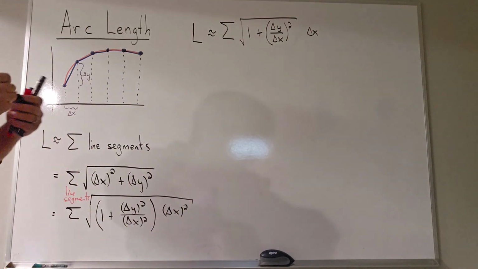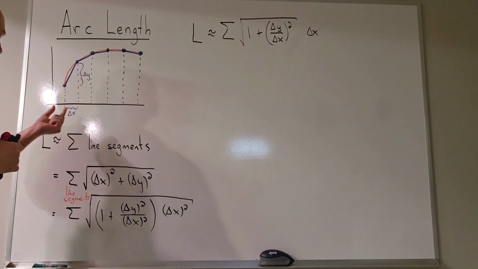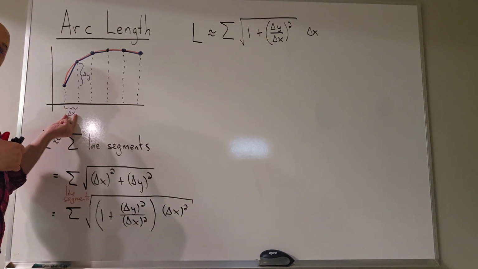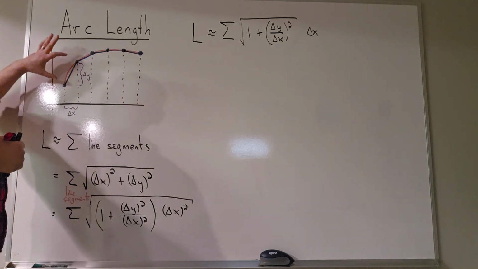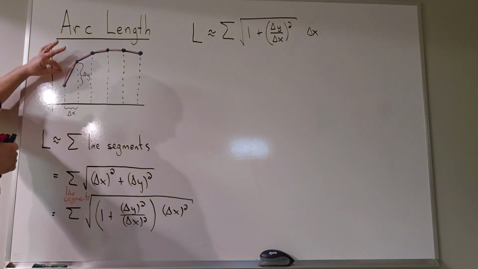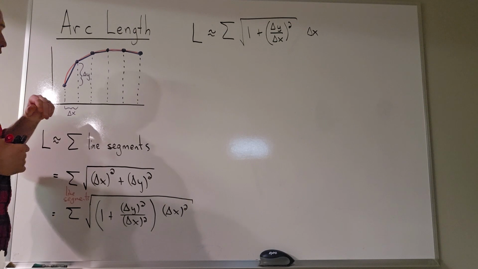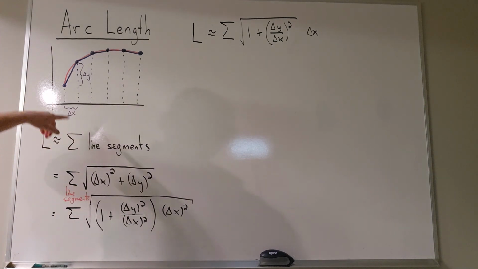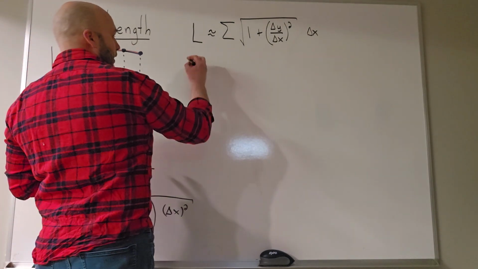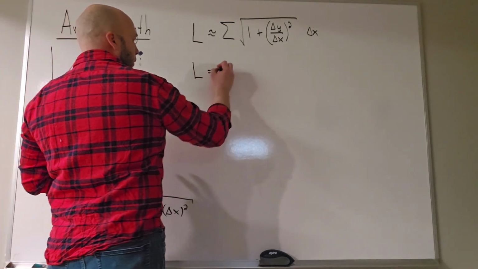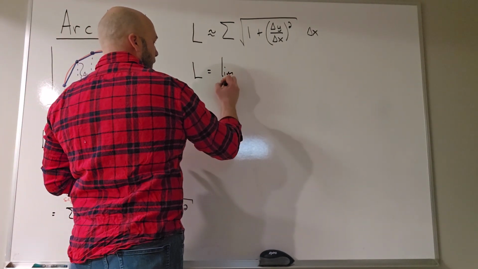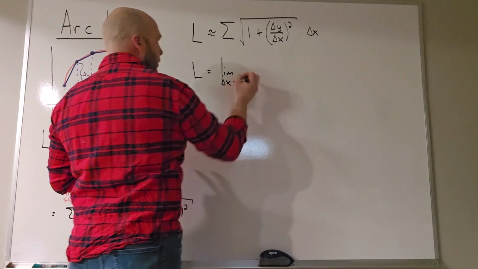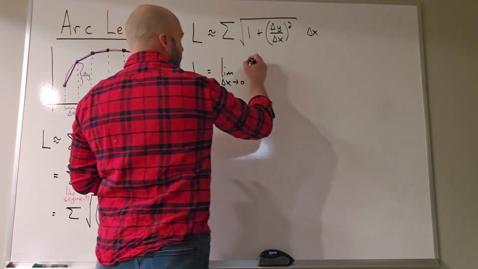In order to make the length exact, we want to take these delta x's smaller and smaller, which means that these line segments will get smaller and smaller. So when I do that, I'm going to take the limit as delta x goes to 0. So the exact length would be the limit as delta x goes to 0 of the expression we have above.